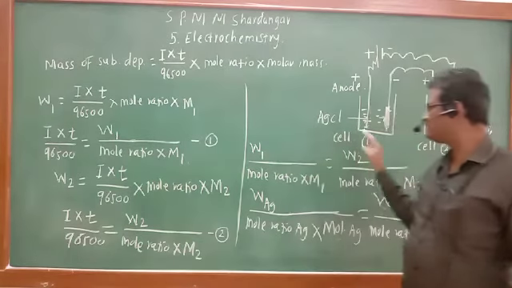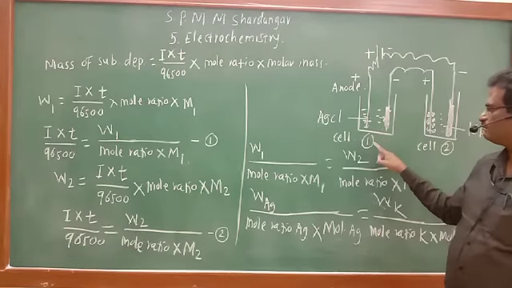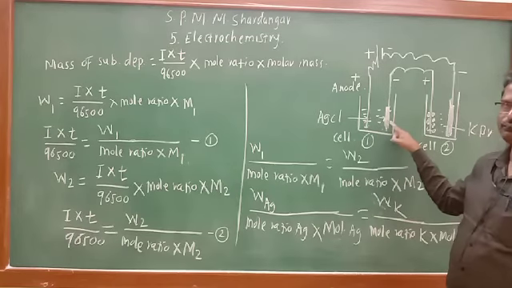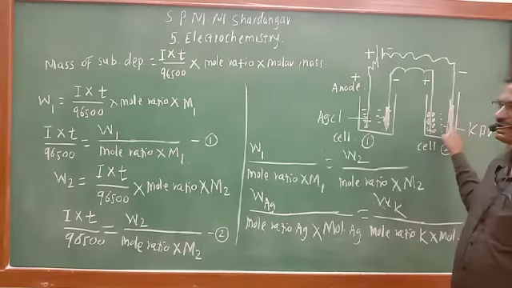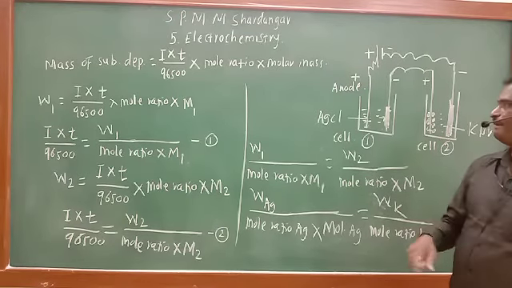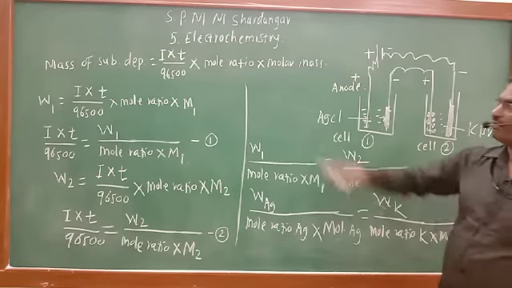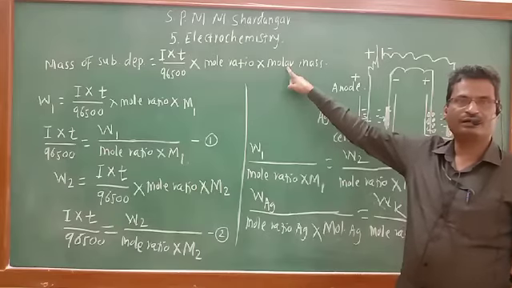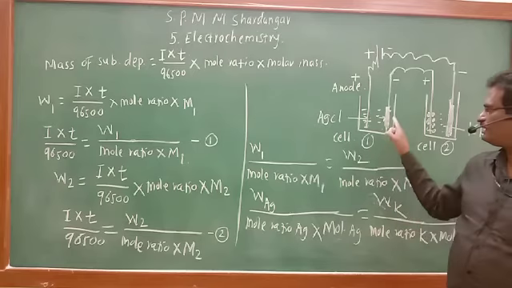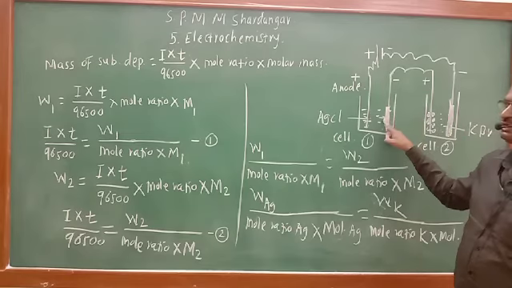Now, since we are electrolyzing two solutions, let us consider this as cell 1 and this as cell 2. So in cell 1, silver is deposited. In cell 2, potassium is deposited. Now instead of calculating the independent mass of silver and the independent mass of potassium in this manner, we can calculate them simultaneously. If one is known, the second can be calculated, or if the second is known, the first can be calculated.